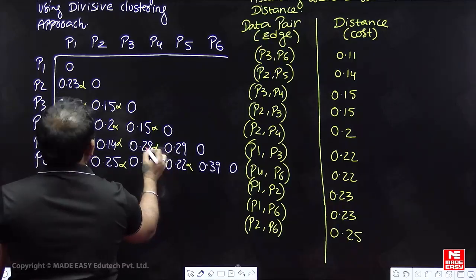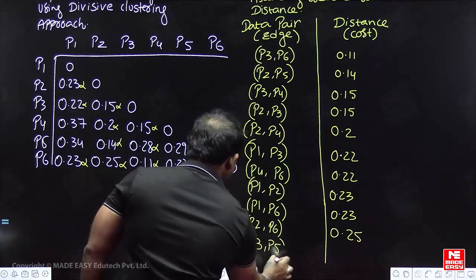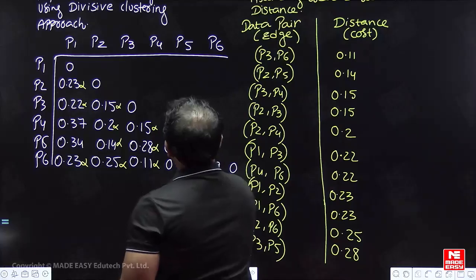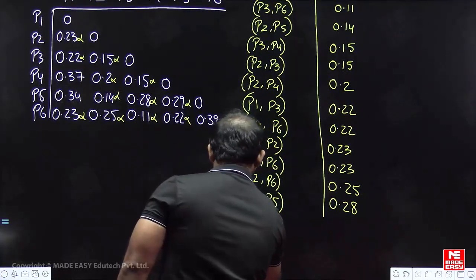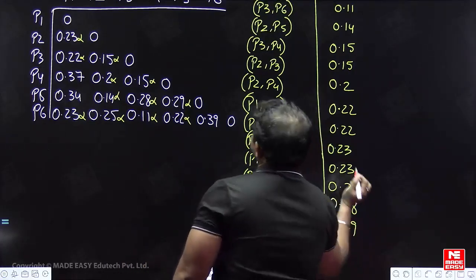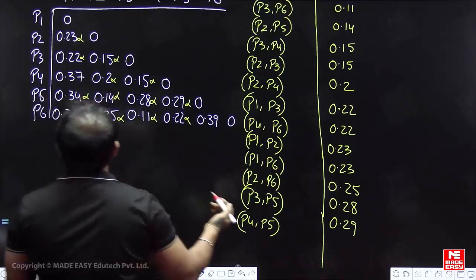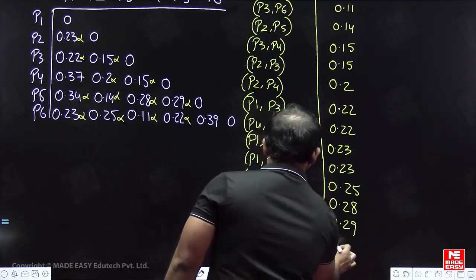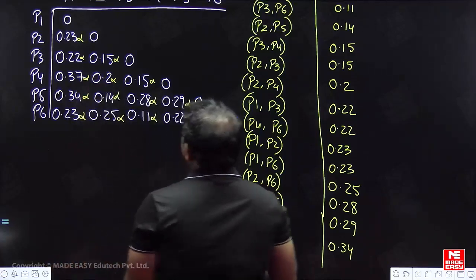Next is 0.28, P3, P5. Then 0.29, P4, P5. Next 0.34, P1, P5. Then 0.37, P1, P4.